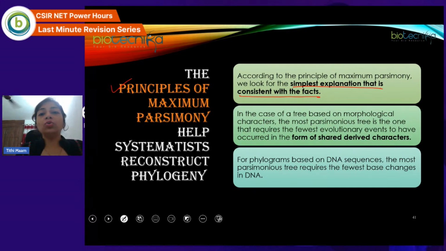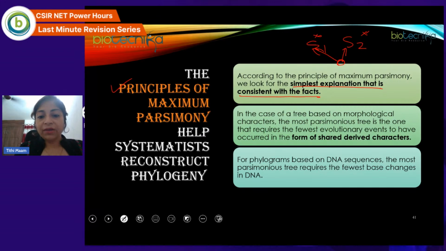If 2 species, let's say species 1 and species 2, have the same character, there are 2 chances: they evolved it individually, or they had an ancestor who passed that to them. The principle of maximum parsimony says that because evolution is such a simple process, if 2 different species share the same character, the chances are very high that they have a common ancestor who passed down that character to them.